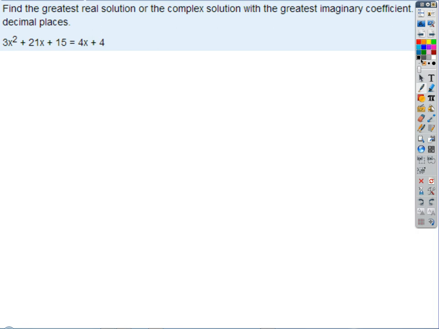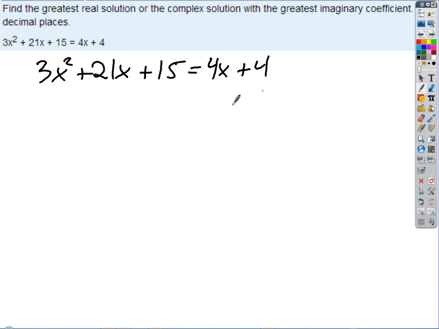If I start off with 3x squared plus 21x plus 15 equals 4x plus 4, and I subtract 4x and subtract 4, what do I get? 3x squared plus 17x plus 11 equals 0. And what's my obvious strategy for solving that? Quadratic formula.